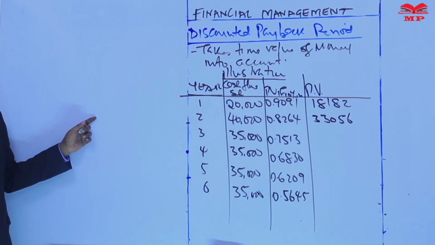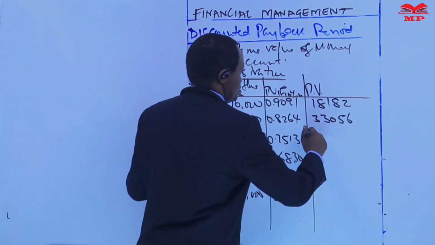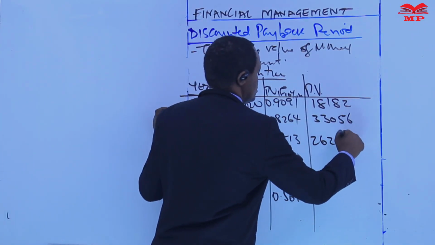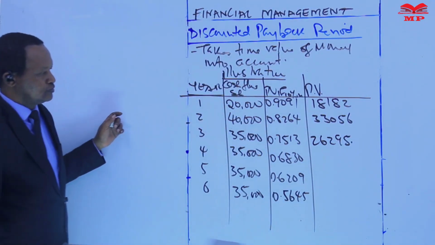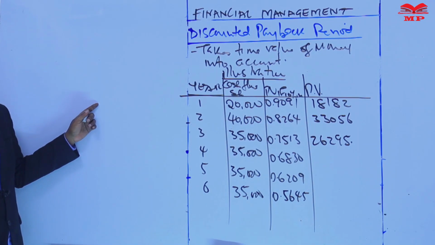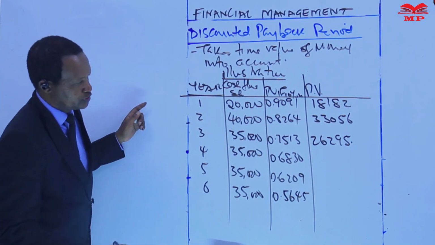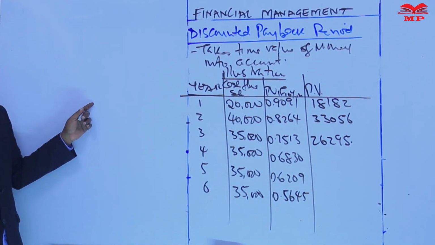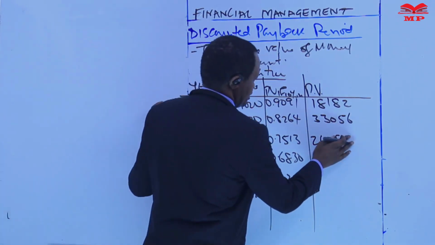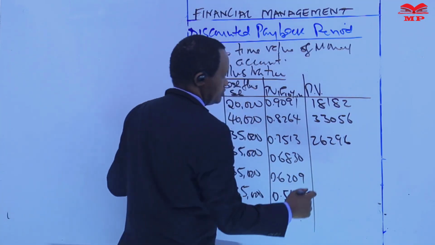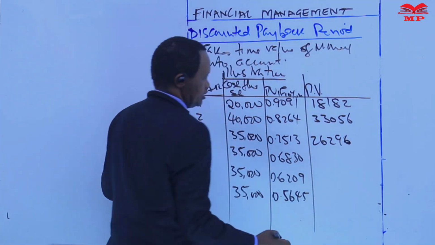Third year, 26,296. Round off to the nearest shilling.